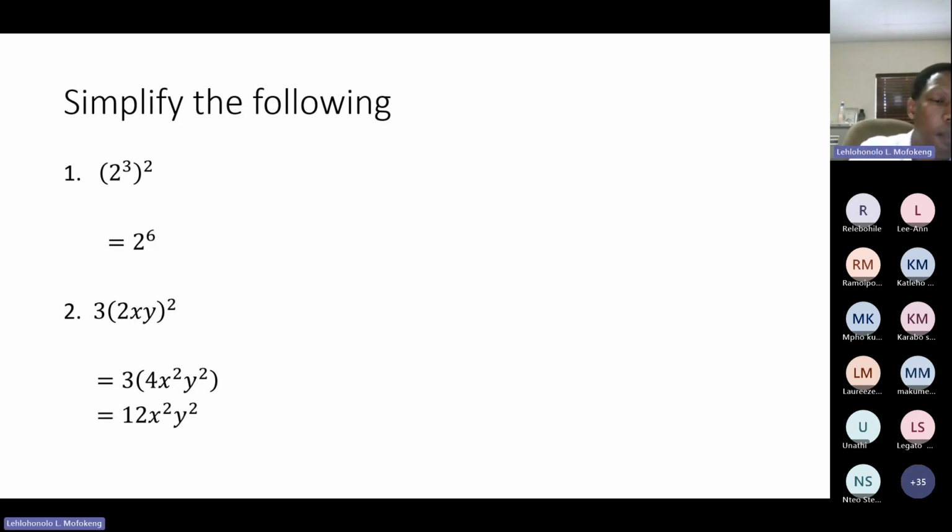And then go into number 2, whereby we are having 3 multiplied by 2xy raised to exponent of 2.